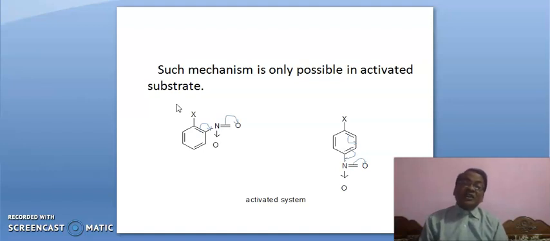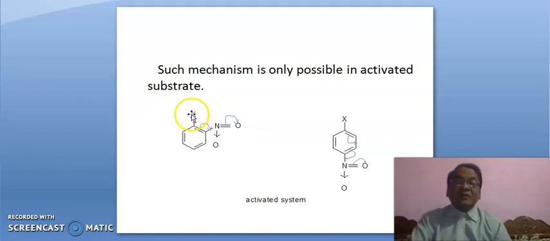When it is not diazonium salt, if the substrate is an activated benzene ring, suppose this is X, the leaving group, here in this particular case, and this is nitro, maybe either at ortho position or at para position. Then this nitro group will activate this benzene ring.